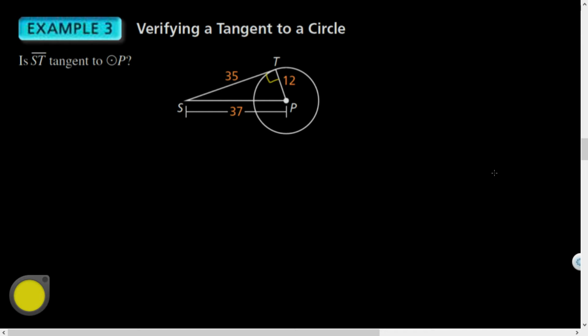And I could prove that is a right angle by using the converse of the Pythagorean theorem, perhaps? So the question is, is 12 squared plus 35 squared equal to 37 squared? That's the question. And if that is true, then this is a right angle, and then ST is tangent.